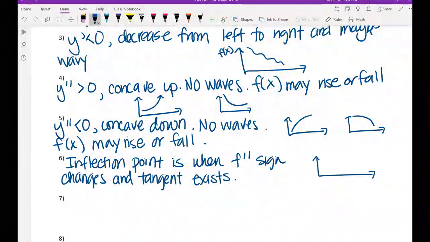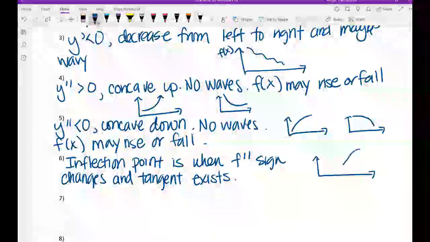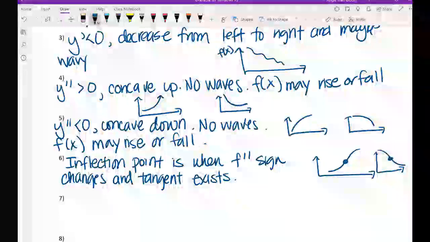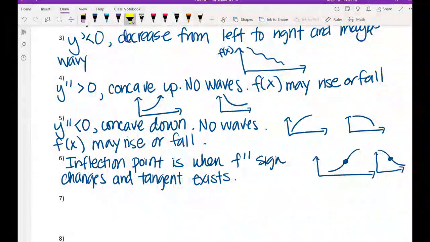So something like this. That's your IP. We could also go the other way. But the most important part here, guys, is that the tangent f prime of x exists.